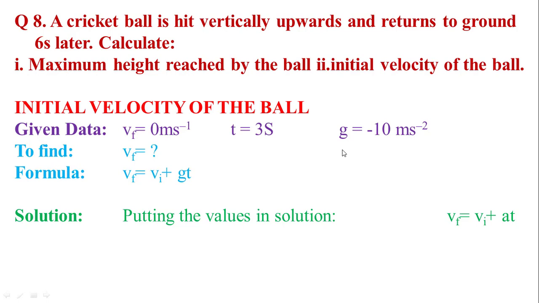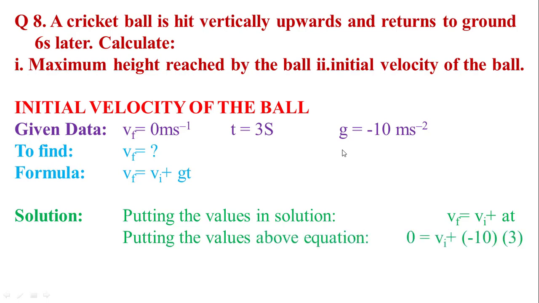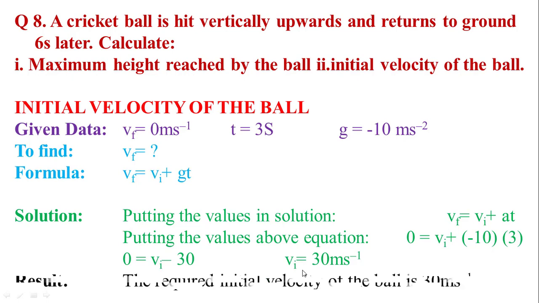Putting the values in the above equation, Vf is equal to 0, which is equal to initial velocity Vi plus g times t, that is minus 10 multiplied by 3. So 0 is equal to Vi minus 10 times 3, 3s are 30. Then the initial velocity is 30 meter per second.